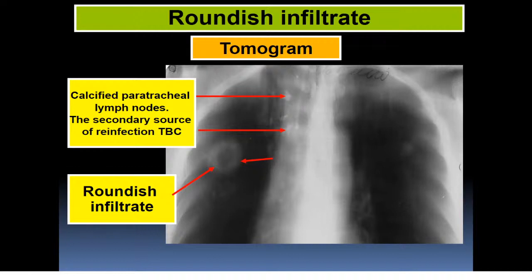And we can also see calcified paratracheal lymph nodes on this tomography. These are old changes, and this is a source of secondary reinfection of tuberculosis.